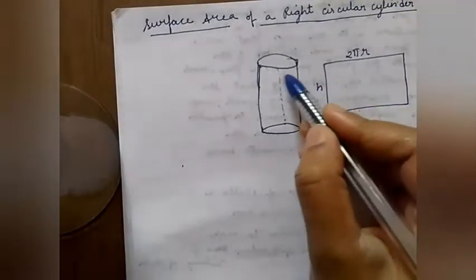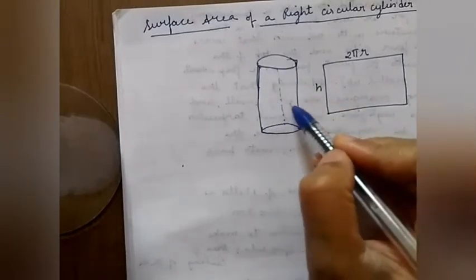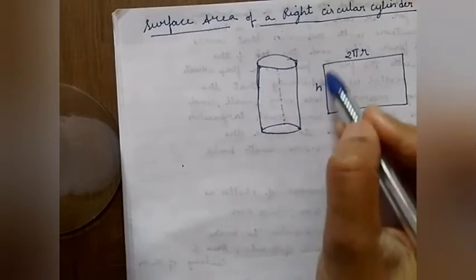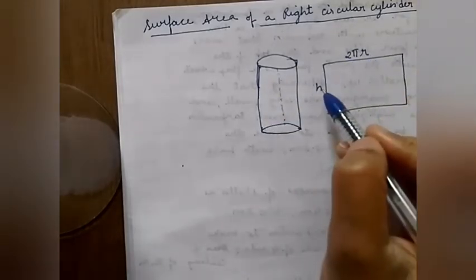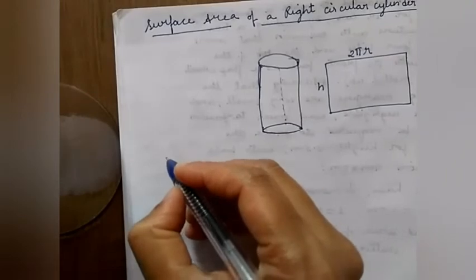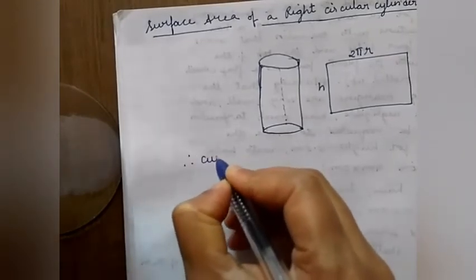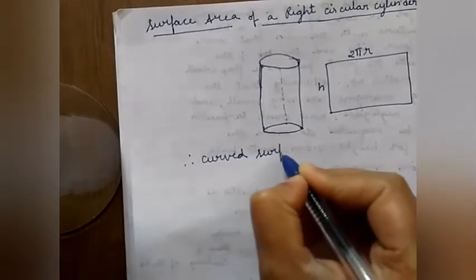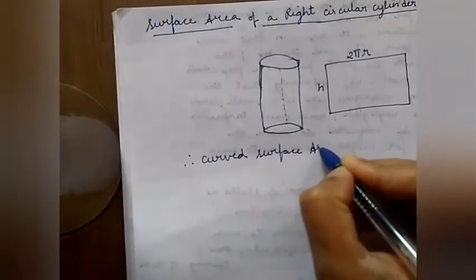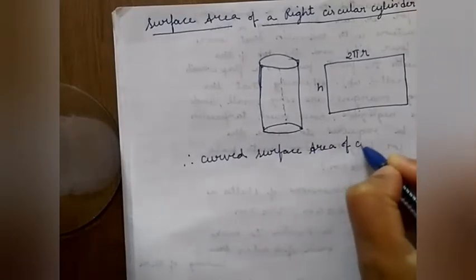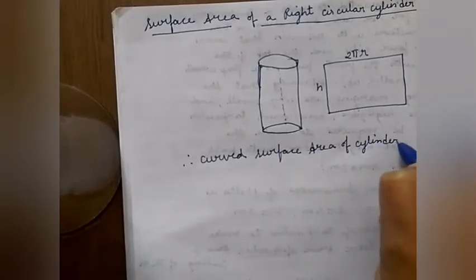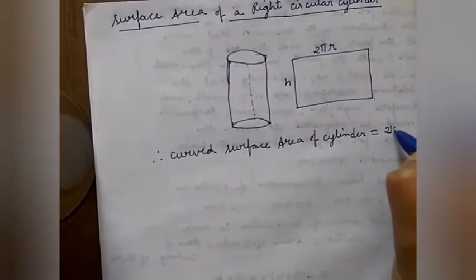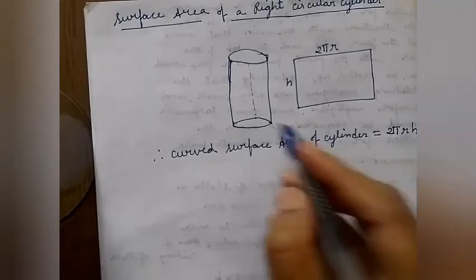Therefore, the curved surface area of the cylinder is equal to 2 pi r h.